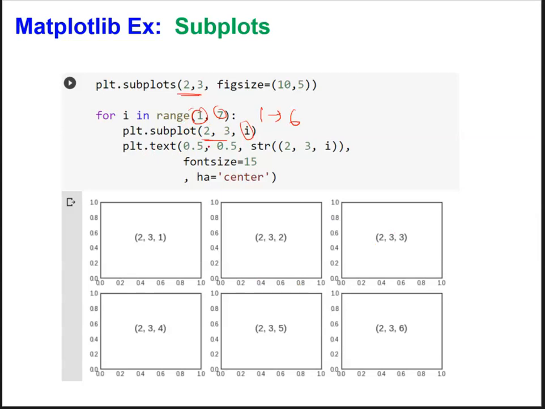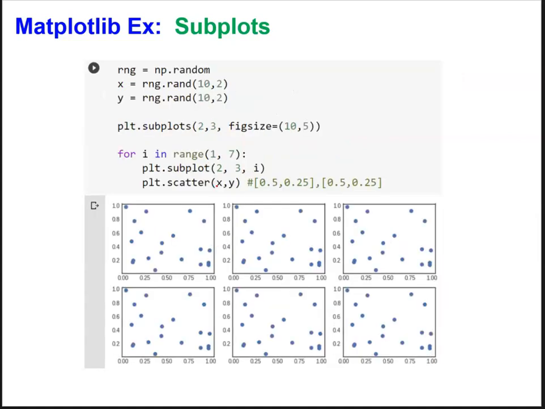Now we're just going to place a text over here, and this is going to be the loop variable, just to make sure that we label it properly. Then the font size, and this is just the horizontal alignment to be at the center. So we're just placing text for now. Let's look at a different scenario where we generate random numbers. We're just defining a variable over here with np.random.